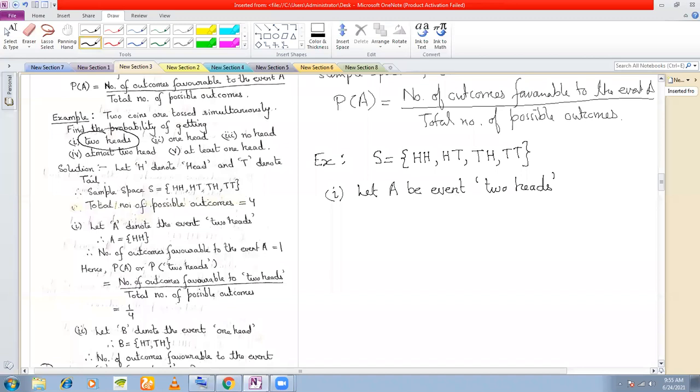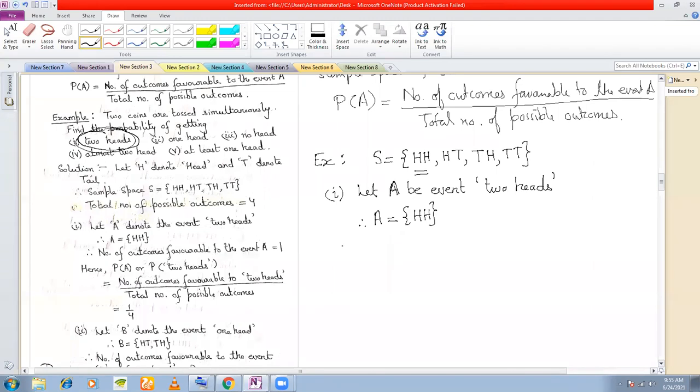So I call the event A as two heads, because my question was two heads. So what is A here? Two heads. If you see in the sample space, only this is the event, HH. So A contains only one element, HH, right?